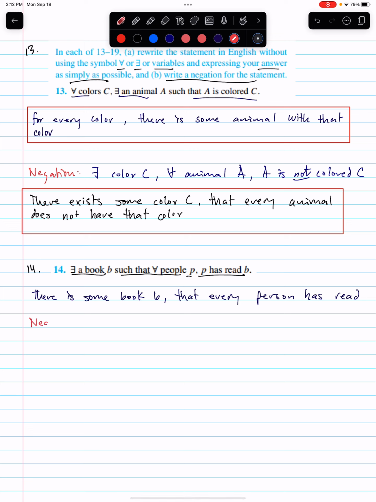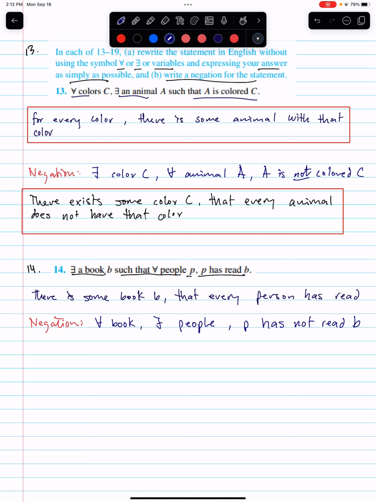The negation will be: for every book there exists some person P where P has not read B.